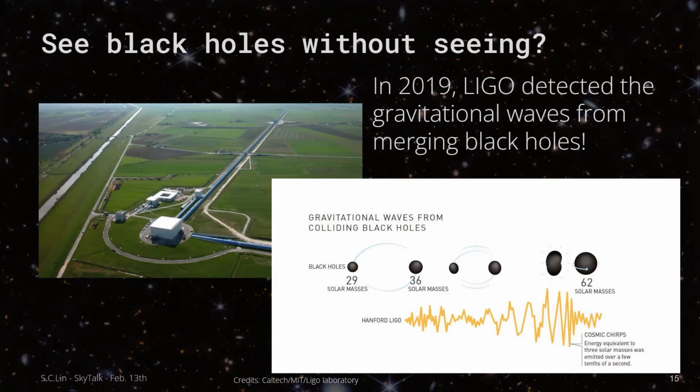That's how sensitive this whole detector is, so they use it to see the ripples in space-time. You can imagine they shoot two laser beams out in two directions. If a wave comes in from one direction, you would expect that laser to be twisted a little bit, but the other direction will remain the same.